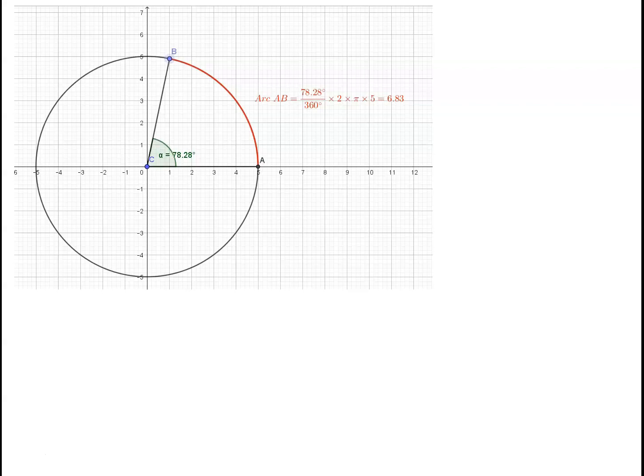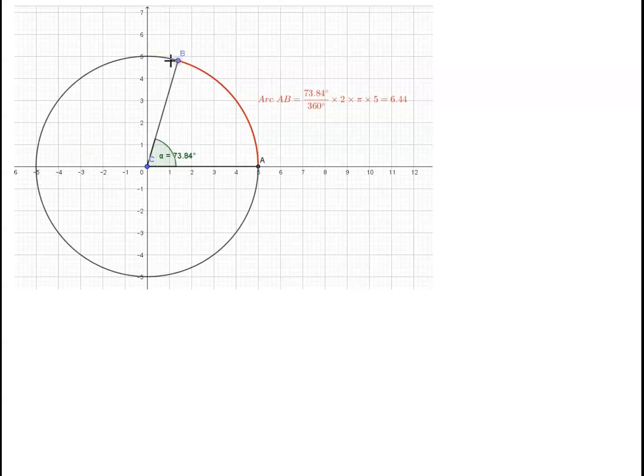So the length of the arc AB will be the fraction of the circle that we've got times the circumference of the circle, or 78.28 divided by 360, which is the fraction of the circle that we've got, times 2 times pi times 5, which is the circumference of the whole circle.